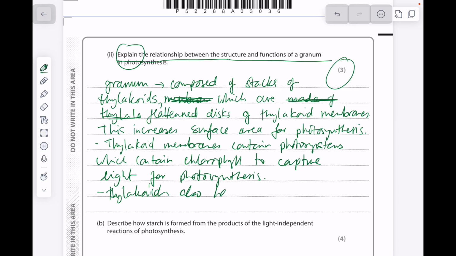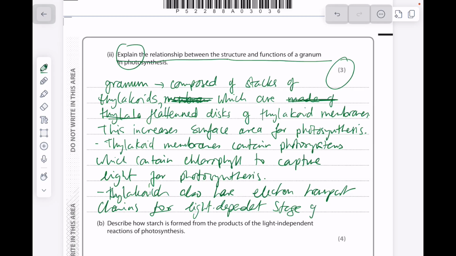Thylakoids also have electron transport chains for the light-dependent stage of photosynthesis.